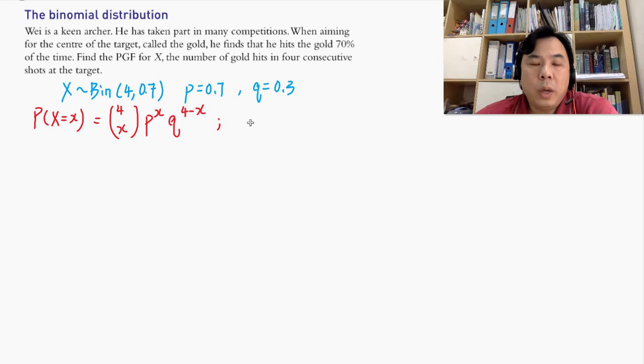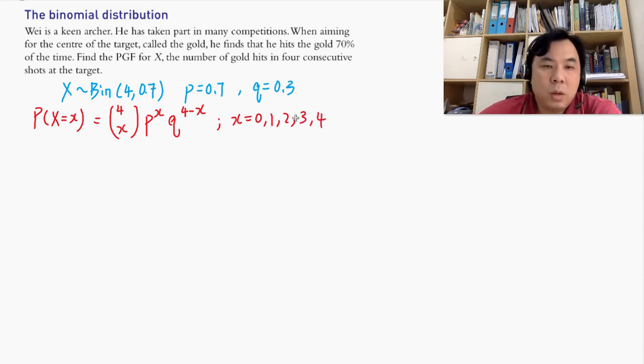Now x will be the discrete random variable, whether he's able to make the shot 1 time, 2 times, 3 times, and so on and so forth. Or it could be zero hits. So x usually starts from 0, 1, 2, 3, and up to 4. So I hope that is clear.